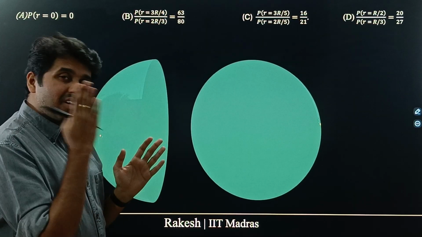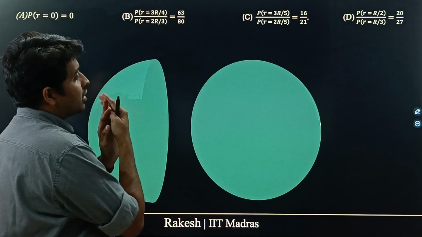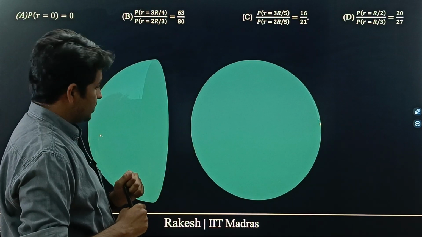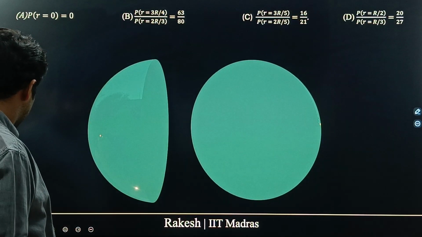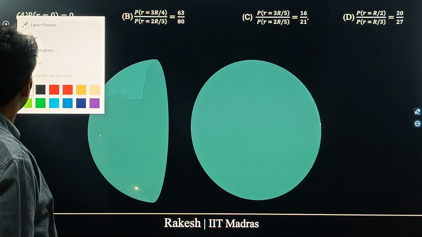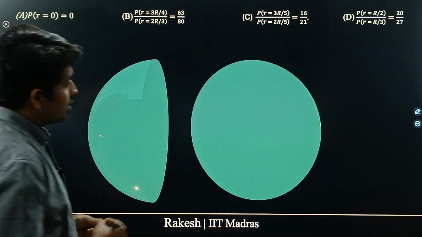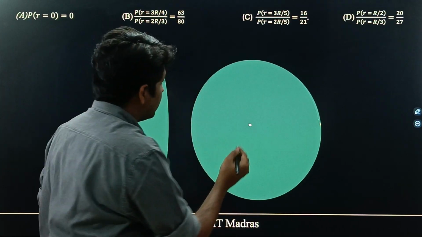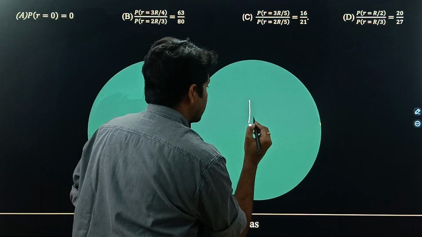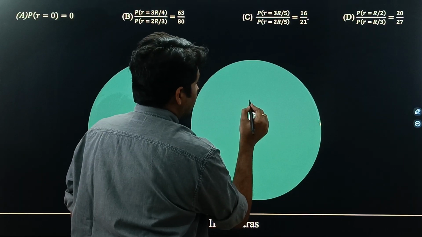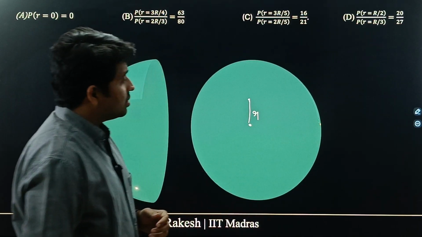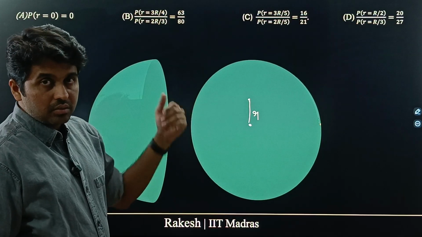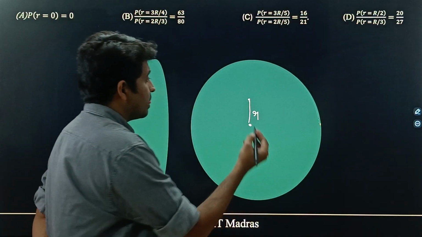What I've done is I've cut the planet and made it into two. Now suppose this is the center, and at some r, at this point, we need to find the pressure at some point r.